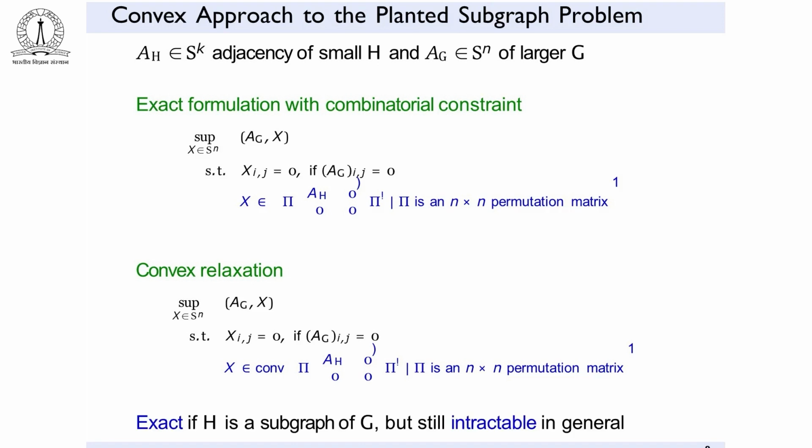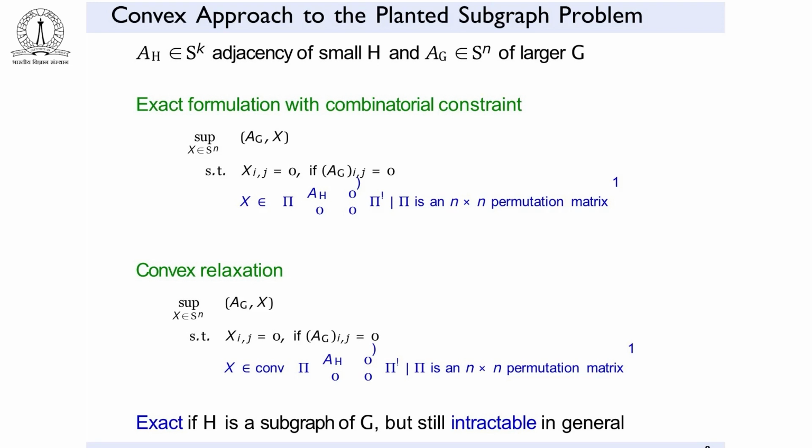I can do this, and it turns out that if H is in fact a subgraph of G, and this is where subgraph versus induced type issues could come up, hence I have this other line. But if in fact H is a subgraph of G, then this is exact, meaning that I don't lose anything by having stuck in the convex hull here as opposed to taking a look at that set.